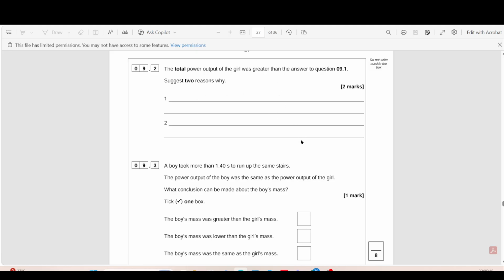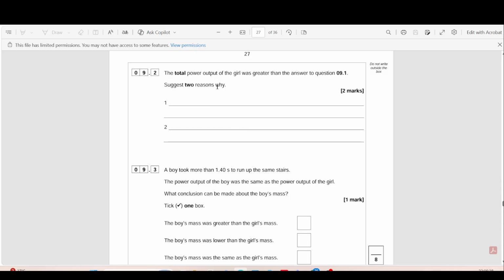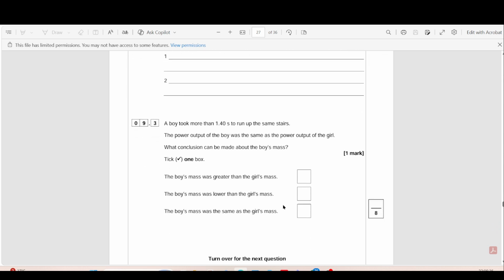So you can write it: the girl increases her kinetic energy as well as increases her gravitational potential energy. Done.